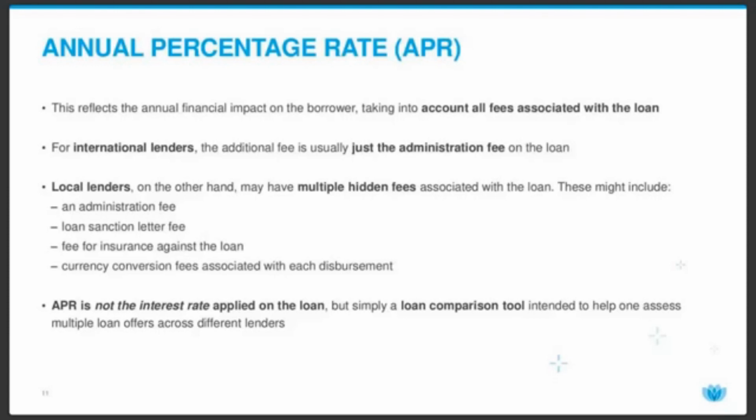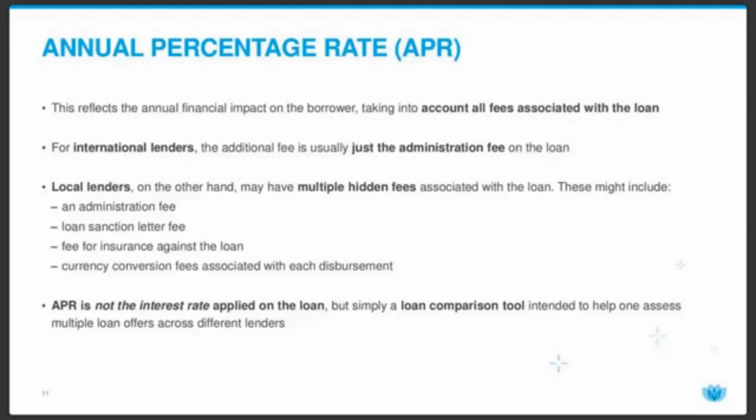But what is the process to actually arrive at the APR, right? So firstly, remember that for international lenders such as Prodigy Finance, we typically just have one additional fee, which is the administration fee on the loan, 2.5%. It's a one-time fee, 2.5% of the actual loan amount. Now, local lenders, typically in-country lenders, tend to have multiple additional fees.